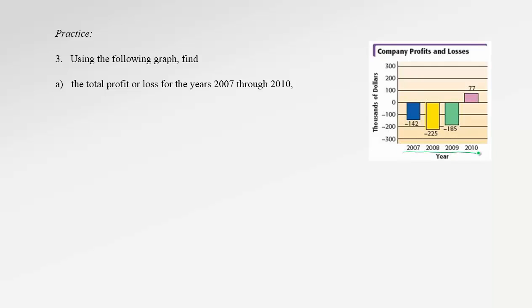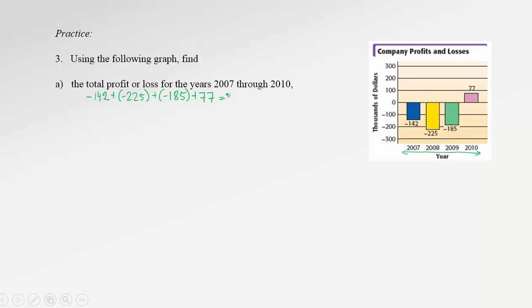So all those years. To find total profit or loss, we need to add all losses and profits from the 4 years. Therefore, just use operations on integers. It will be -142. Then we add -225, add -185, and finally add 77.